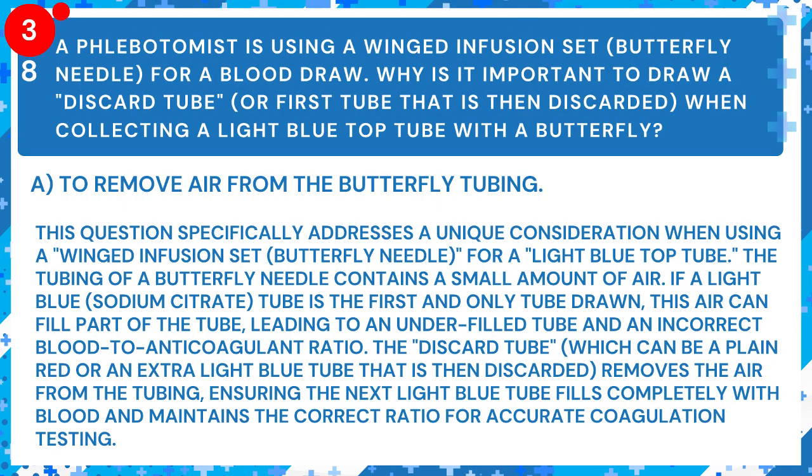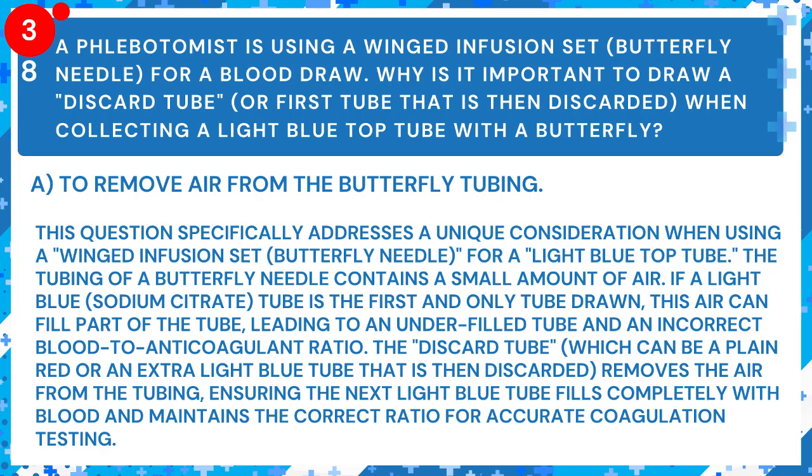Answer: A. To remove air from the butterfly tubing. Explanation: this question specifically addresses a unique consideration when using a winged infusion set, butterfly needle, for a light blue top tube. The tubing of a butterfly needle contains a small amount of air.